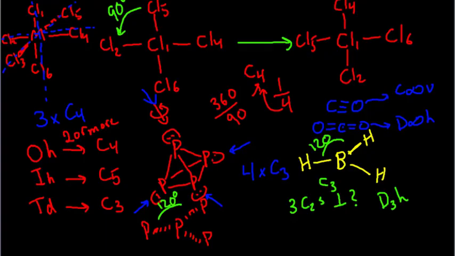Now, if you do not have any inversion center or any mirror plane, something like if we have a carbon here with a hydrogen, and we have a chlorine, a bromine, and a fluorine.